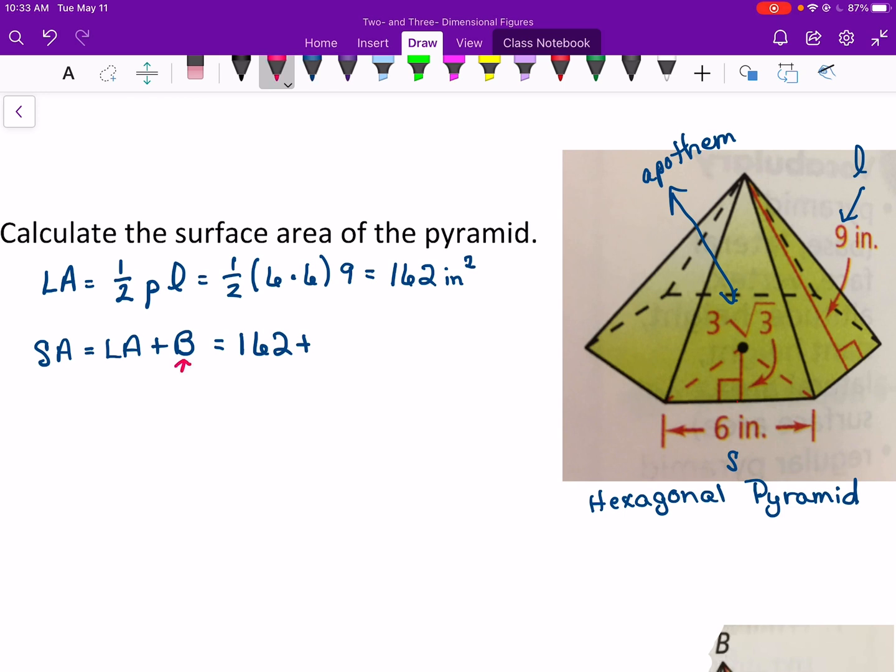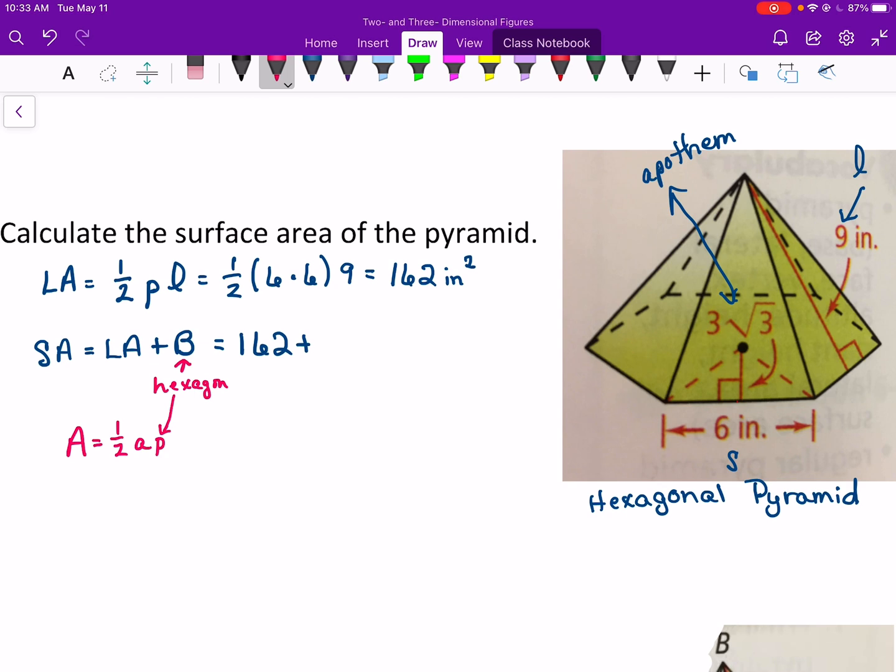Your base is a hexagon, a regular hexagon. The formula for the area of a regular polygon is A equals 1/2 the apothem times P, meaning perimeter of the polygon, perimeter of the hexagon.